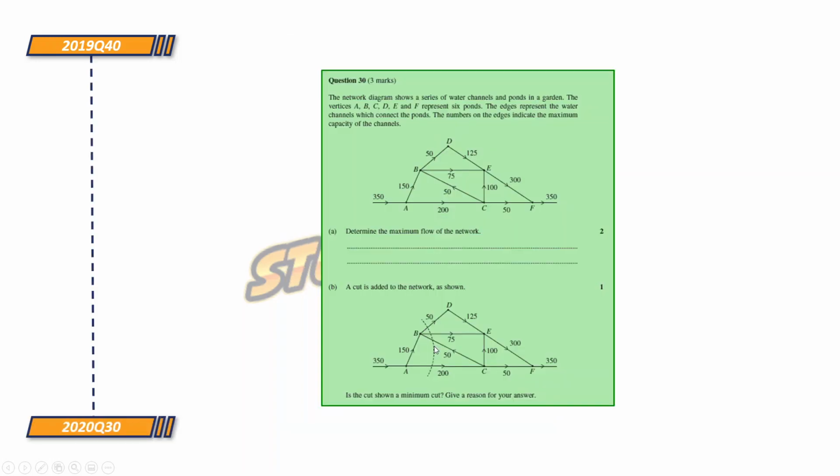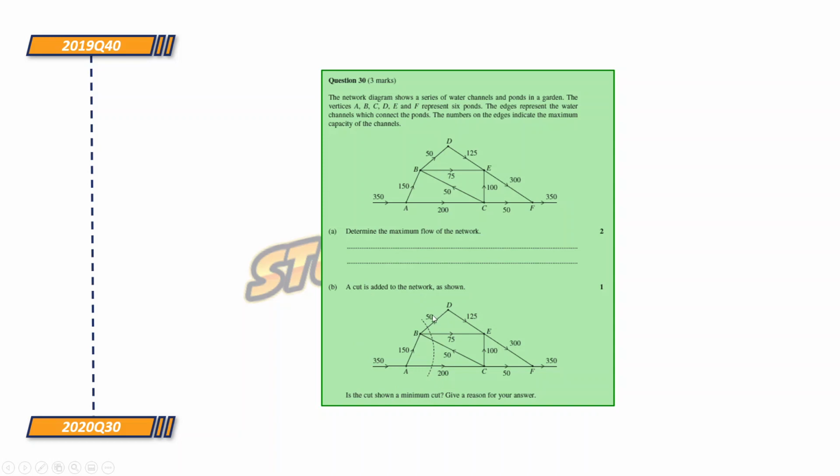So my advice is, you need to master the skill of determining how much flow is possible in each of the paths. Then the question can be like this one, or it can even be this kind of question, 2020 question 30, where you're given a cut and then asked, is that a minimum cut or not?